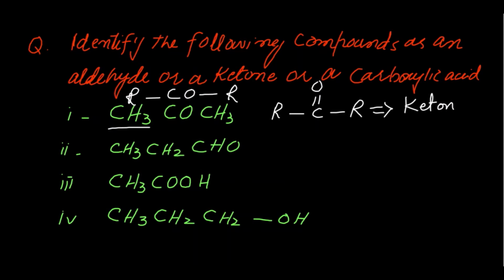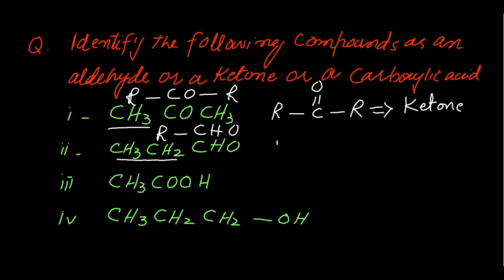This is ketone. Now see the next functional group. Here we have an alkyl group attached with a CHO group. A CHO group is known as a formyl group, usually present in aldehyde.